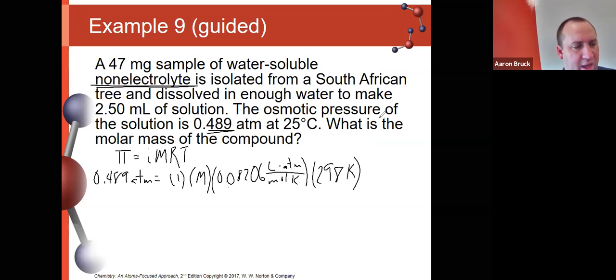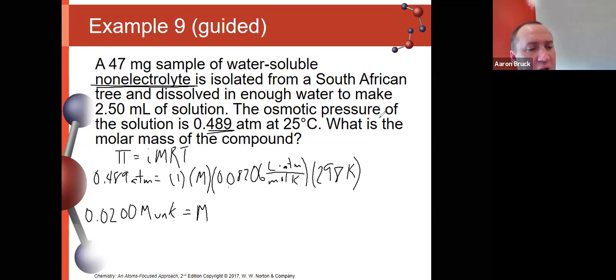So solving algebraically for the molarity, 0.489 divided by 0.08206 divided by 298, I get a molarity, to three significant figures, of 0.0200 molar unknown.